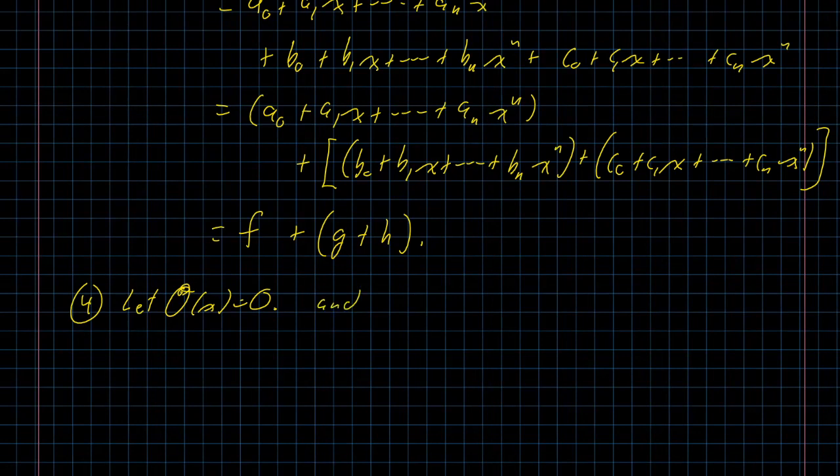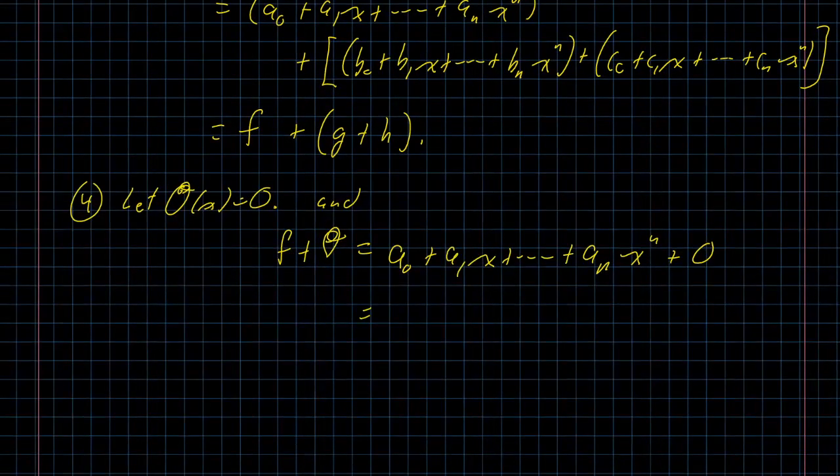And f plus null is equal to a naught plus a1x plus etc. down to an x to the n plus 0, and adding 0 to something doesn't change it. So I really have the function f that I started with.